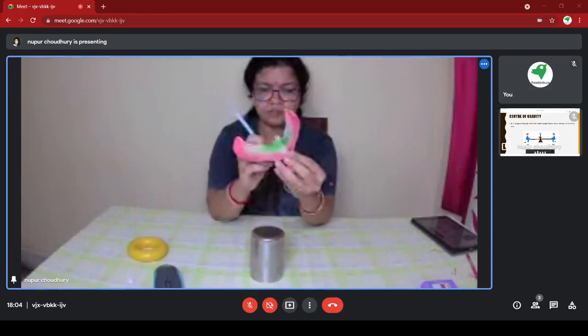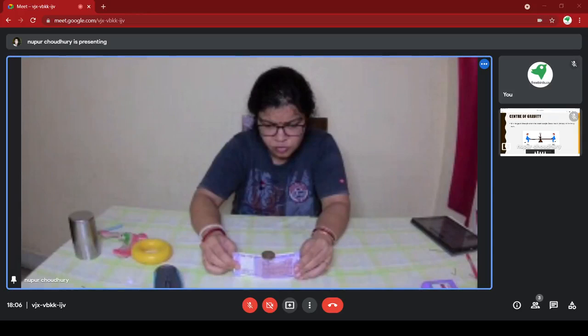I'm trying to shift the center of gravity, or identify the center of gravity point so that this coin remains balanced. Can you see, I have just opened the note and the coin is still there, on the edge of the note.